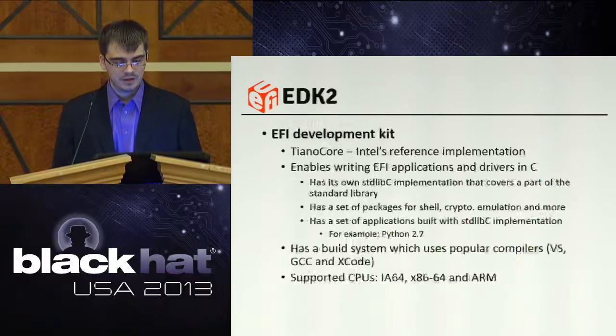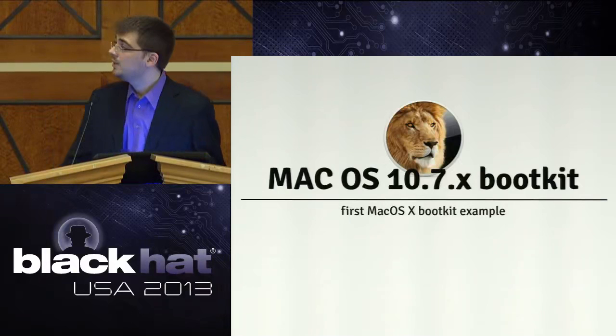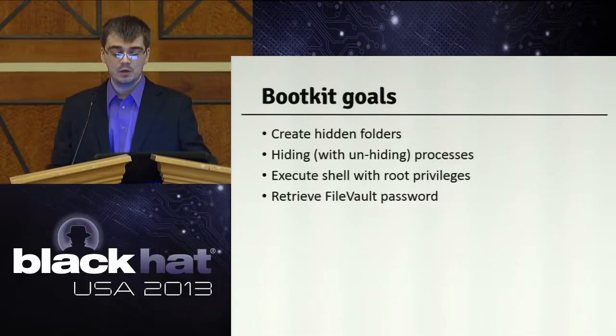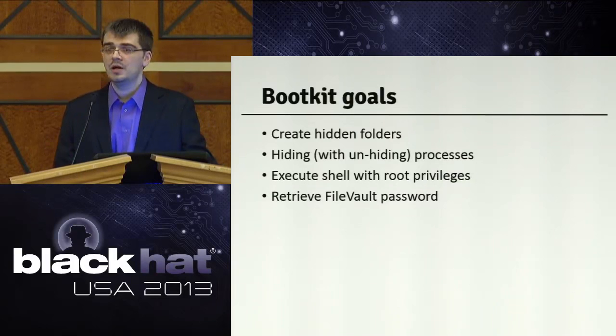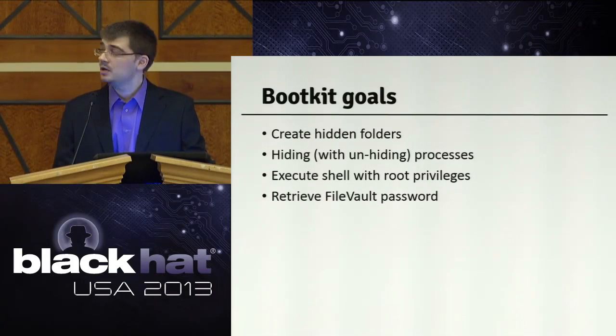So next we will be talking about the specific bootkit which we ourselves wrote for macOS. And we will go into details of how this bootkit was created and what was our intention with this tool as well. So we had a goal, and that was to do certain things which normal bootkits and rootkits would be doing, and that is creating hidden content, so creating hidden folders, even restoring those folders as well.